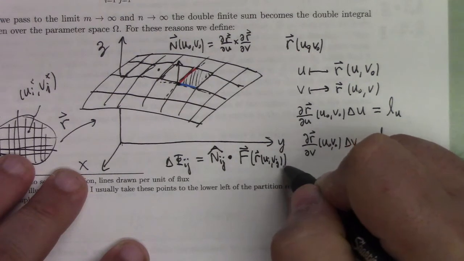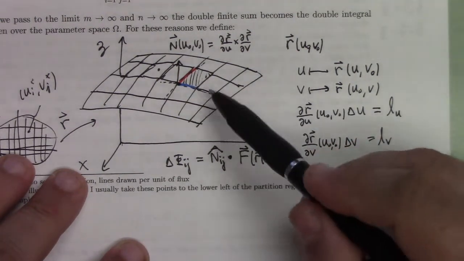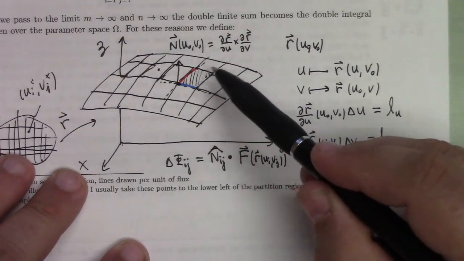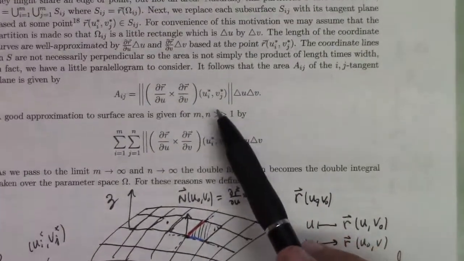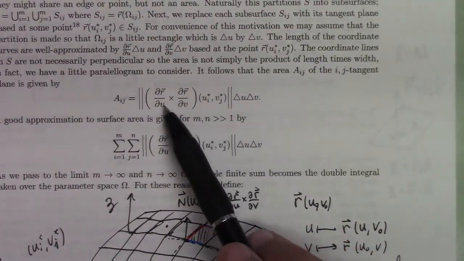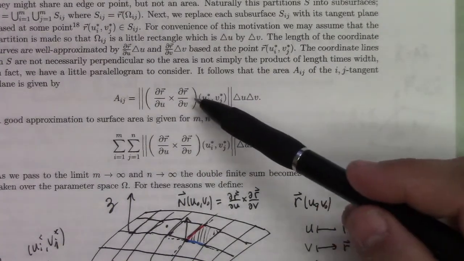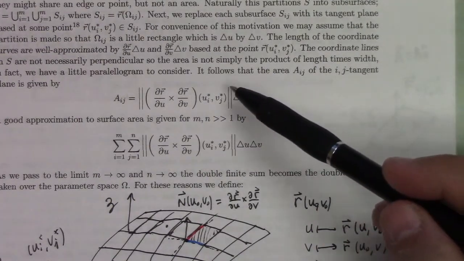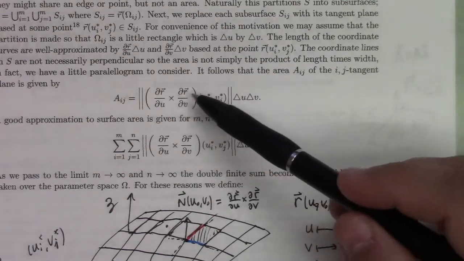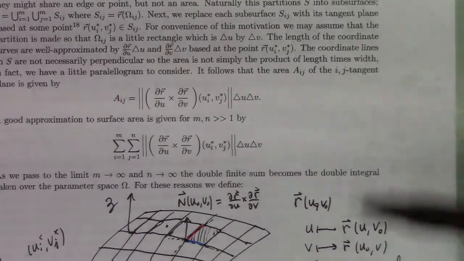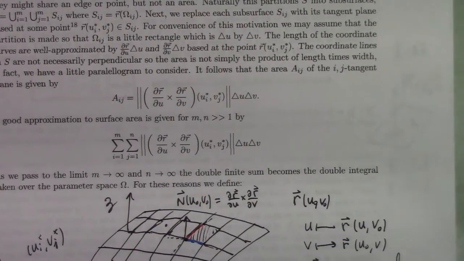Sorry, it's getting messy. The point is, you take the normal and dot it with the vector field, and that gives you the flux through that one piece. So what's different is we won't just calculate the magnitude of partial r partial u cross partial r partial v. We divide by its length and take the dot product of that with the force field. That gives us the flux in the ijth region, and then we add those all together. That gives you the flux of the vector field through the surface.